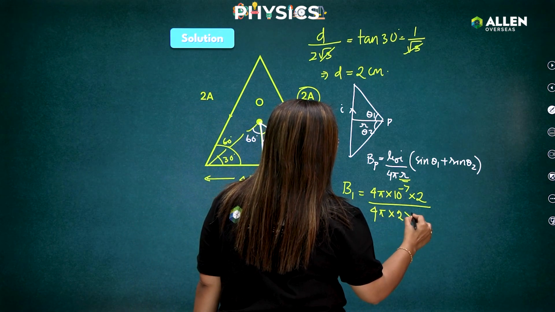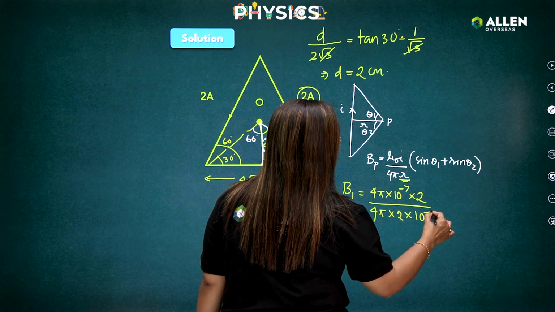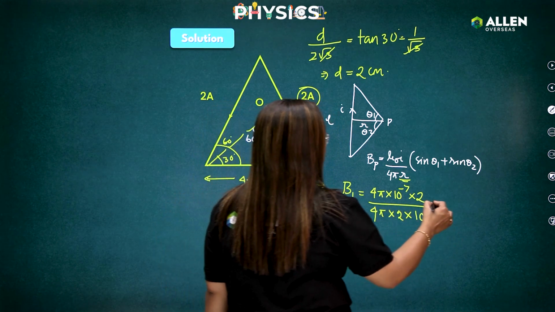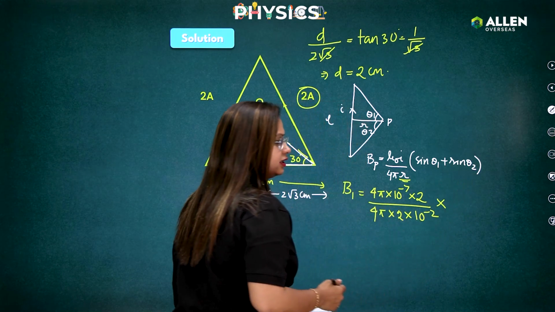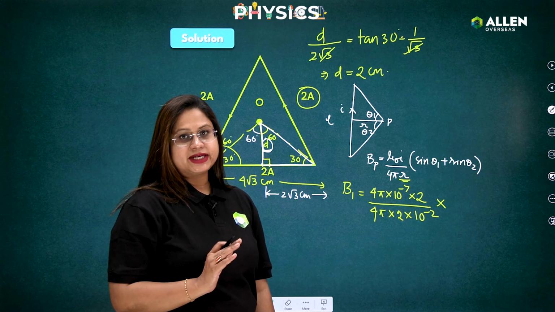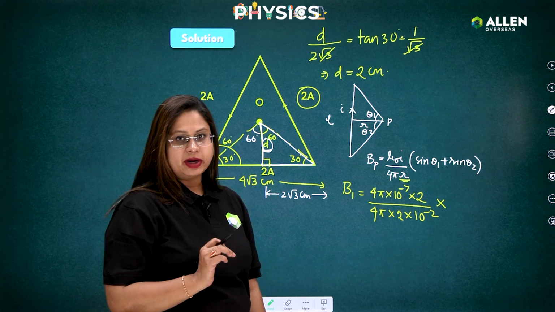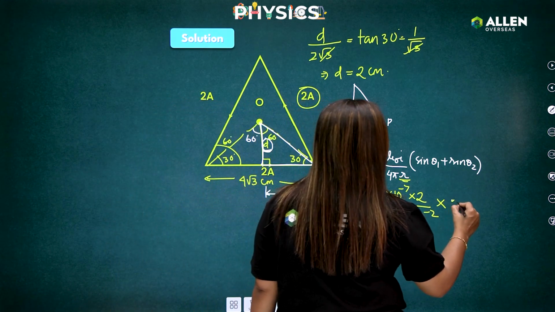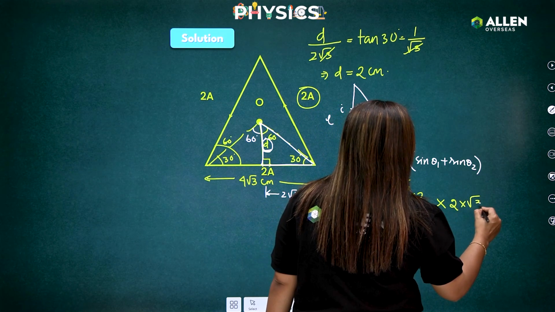Do not forget to convert it into meter. So 2 into 10 to the power minus 2 meter multiplied with sine theta 1 plus sine theta 2. You know that theta 1 is equal to theta 2, that is equal to 60 degree, and sine 60 is equal to √3 by 2. So we can directly write here 2 into root 3 upon 2.